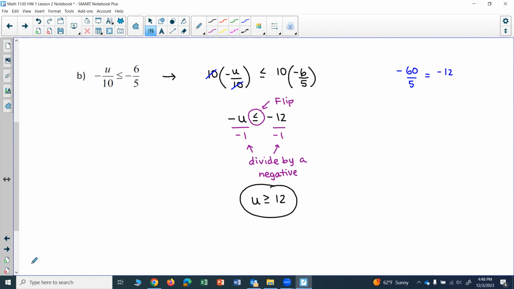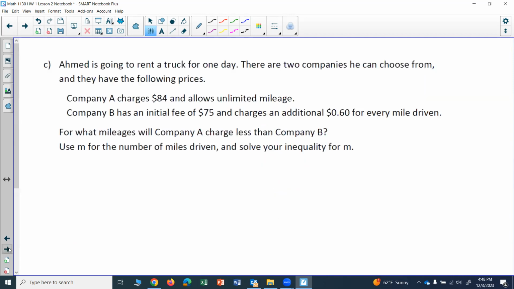Let's look at one word problem, an example of an application. Ahmed is going to rent a truck for one day. There are two companies he can choose from, and they have the following prices. Company A charges $84 and allows unlimited mileage.